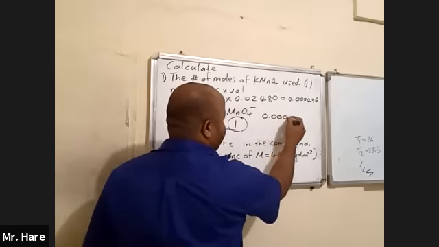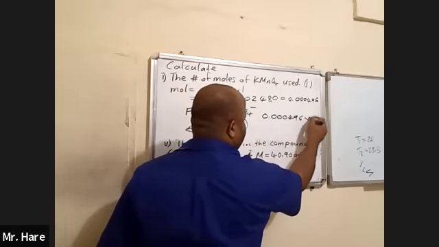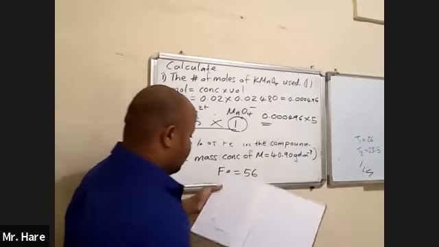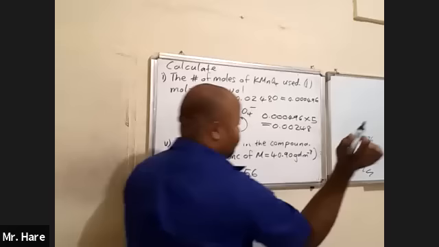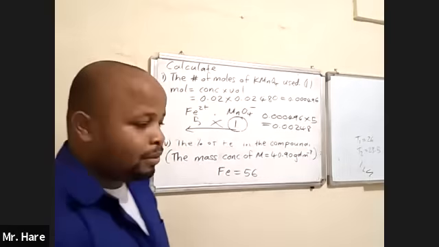So it's going to be 0.00496 times 5. I got 2.48 times 10 to the, sorry, 0.0248. Right.